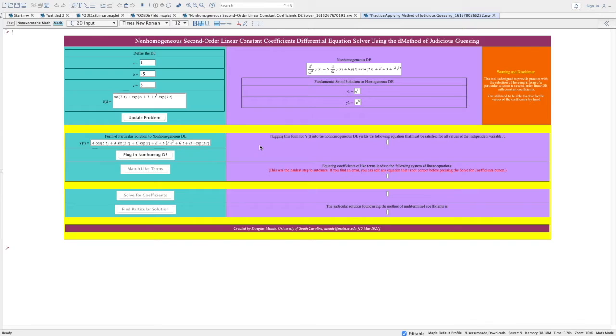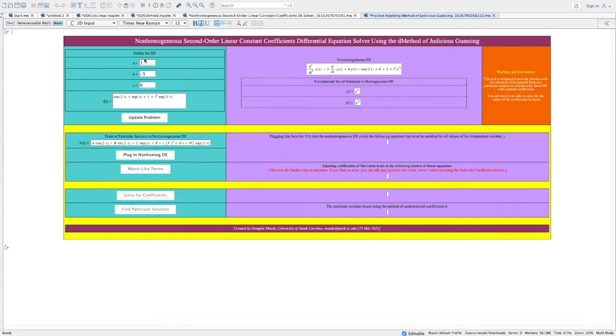There's a little more to it here. Again, we have A, B, C, and F as before, an update problem in a new place, the differential equation, the fundamental set of the homogeneous problem. But now the question is, we want to guess the right form for the particular solution, and then we're going to see if that worked or not.